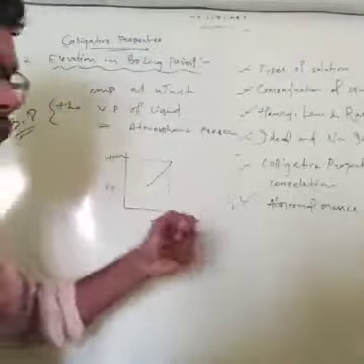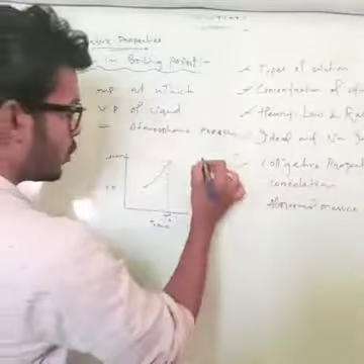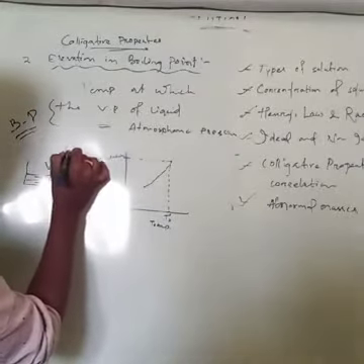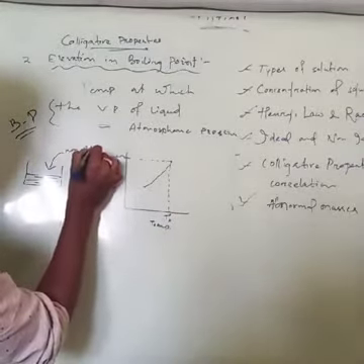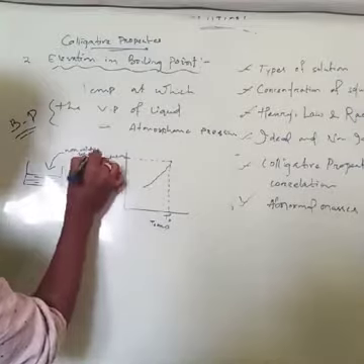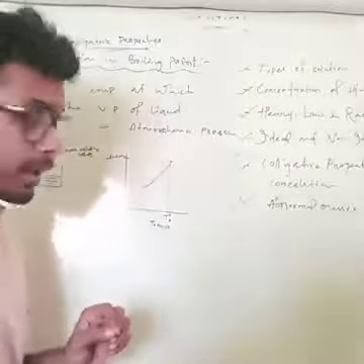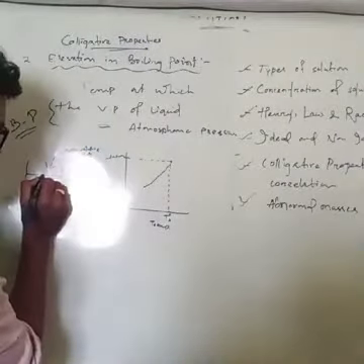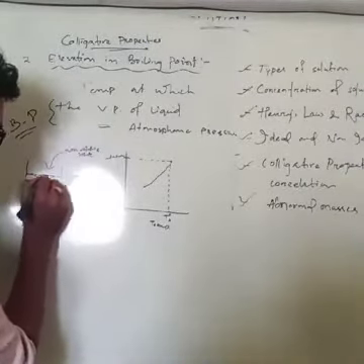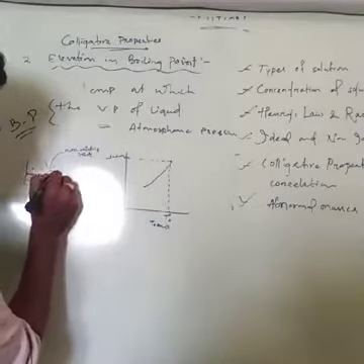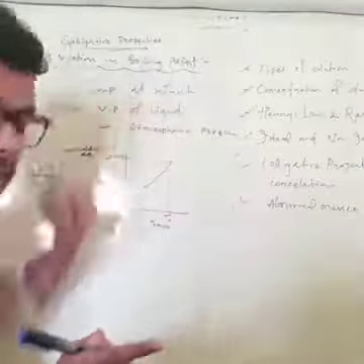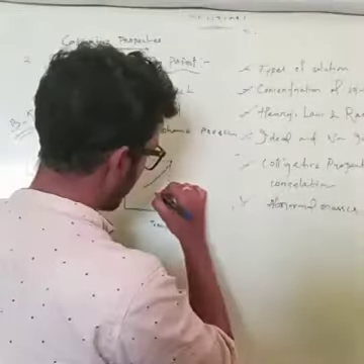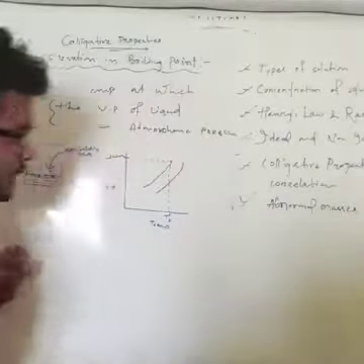And now we are adding some non-volatile solute to that container. So what will happen? The presence of non-volatile solute will cover some surface area, so the vapor pressure will decrease. By Raoult's law, we know that the vapor pressure will decrease, and the graph will be like this.